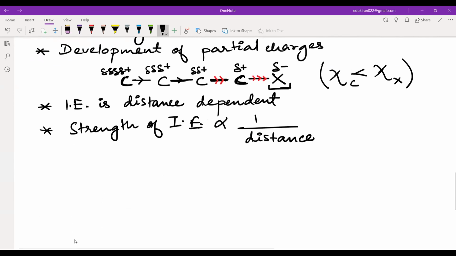For example, you can have another case where you have carbon, carbon, carbon, carbon, and there will be a Y group here. Now, if I say the electronegativity of carbon is greater than the electronegativity of the Y atom attached, then the carbon will be pulling some electrons.